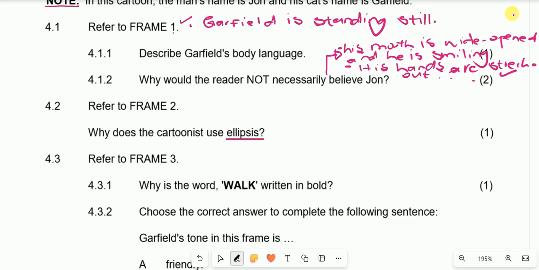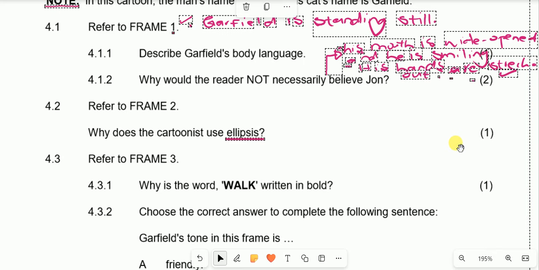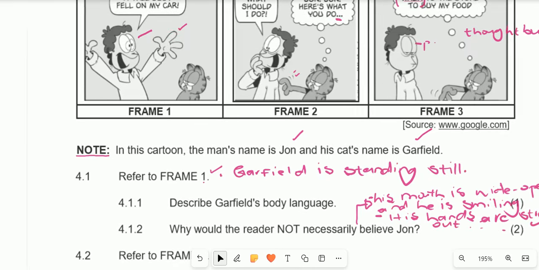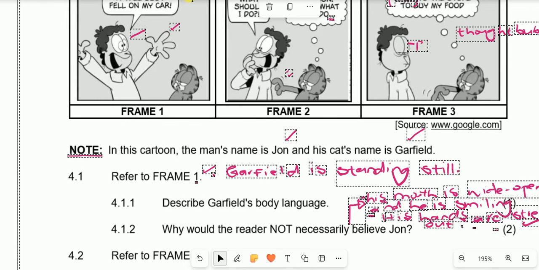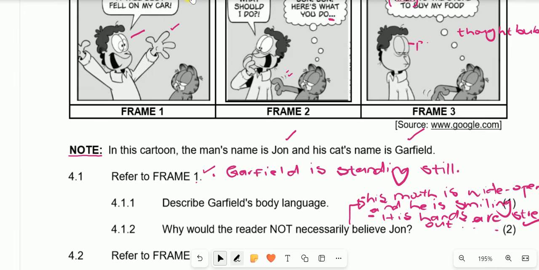But I said to you, this was a very unique cartoon. You needed to be very sharp with your visual literacy skills to contextualize your responses, and it's not in all instances that ellipses would indicate that the character is not done talking, because now in frame 2 the ellipses are used for Garfield.